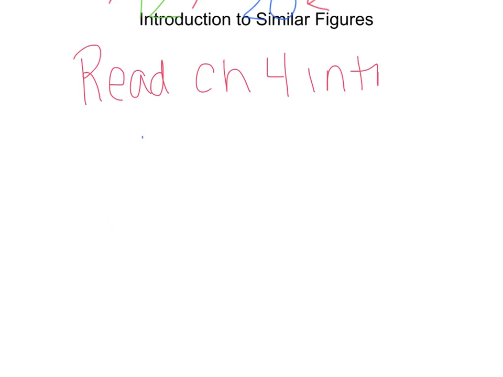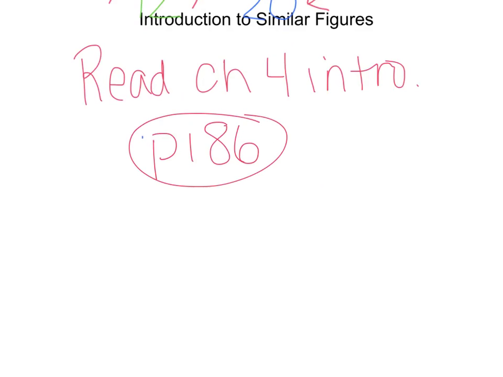The very last thing that I want you to do before coming to class tomorrow, so this is your assignment, is I want you to read the introduction to Chapter 4. And you can find that on page 186 in your textbook.